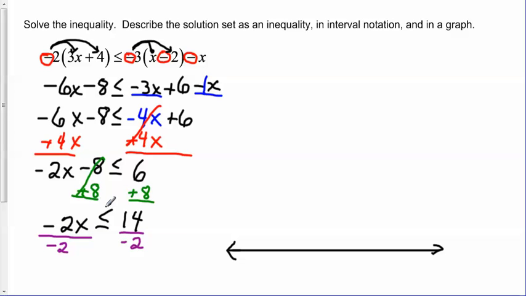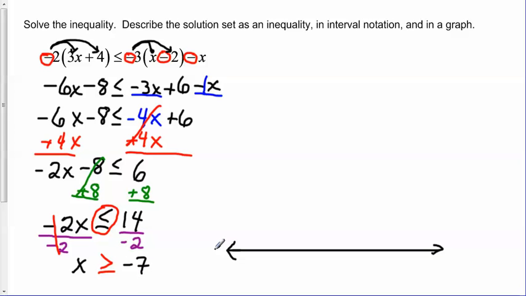That means that this inequality is going to change directions. Instead of less than or equal to, it's going to become greater than or equal to. Over here, those negative 2's are going to cancel out, just leaving us with the x. And on the right side, 14 divided by negative 2 is going to give us negative 7. So there's our answer as an inequality.